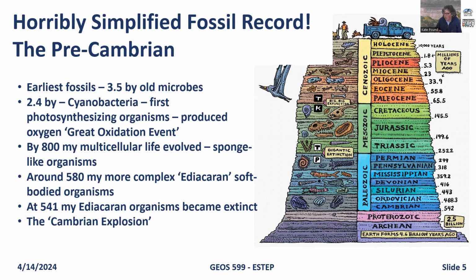And this involved some sponge-like organisms that are preserved in various ways in the fossil record. And then as we move up towards the Cambrian, there's a quite complex suite or group of soft-bodied organisms that get called the Ediacaran or Ediacaran, depending on which side of the Atlantic you grew up.